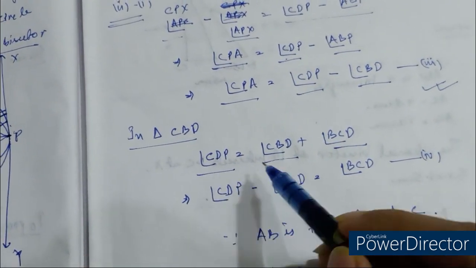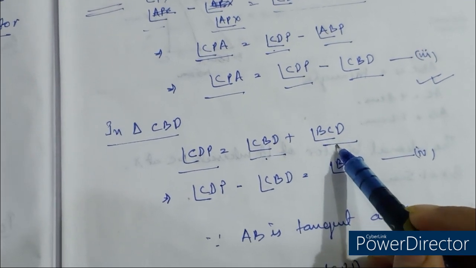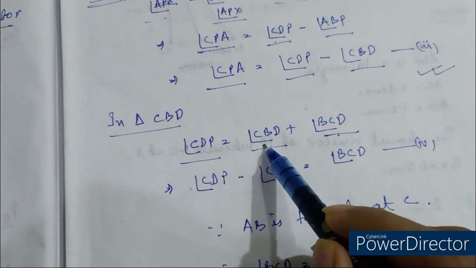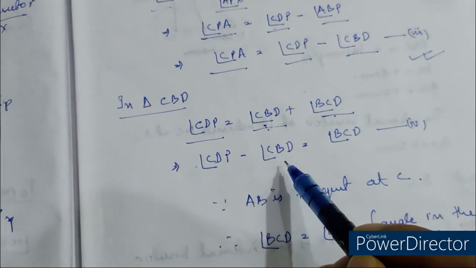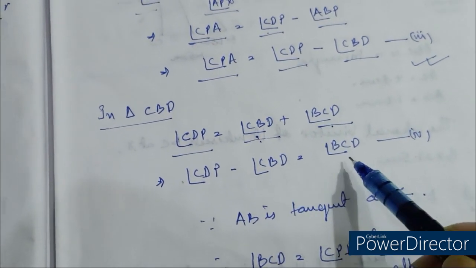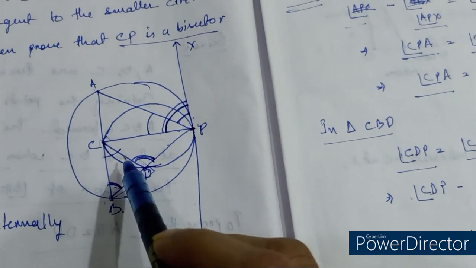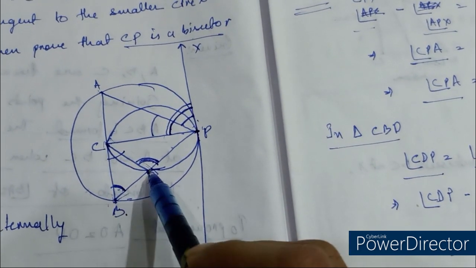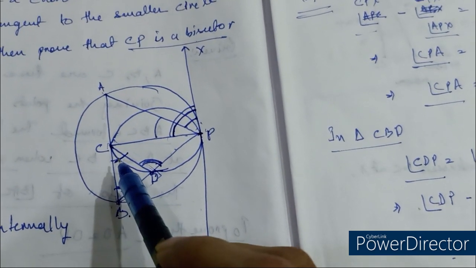Now I will bring CBD to this side, so CDP minus CBD is equal to BCD, equation 4.